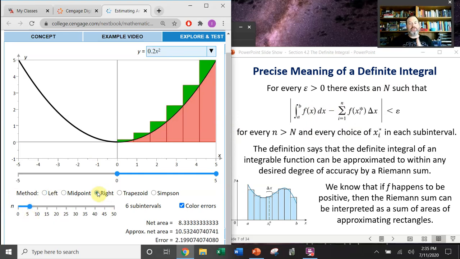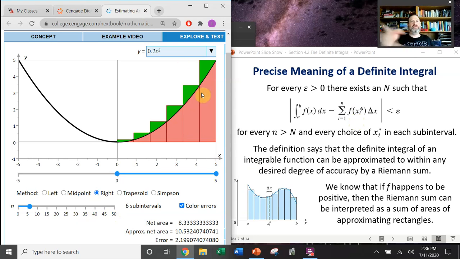This is an overestimate. So if we can show that both of these values converge to the same number, then we've essentially proved this. Now, I'm not proving it, but I'm saying that's what it would require. We'd have to prove that both of these lead to the same value. So that's what this means, that if this simulation went bigger than 50, we'd be able eventually to get that error all the way to 0.